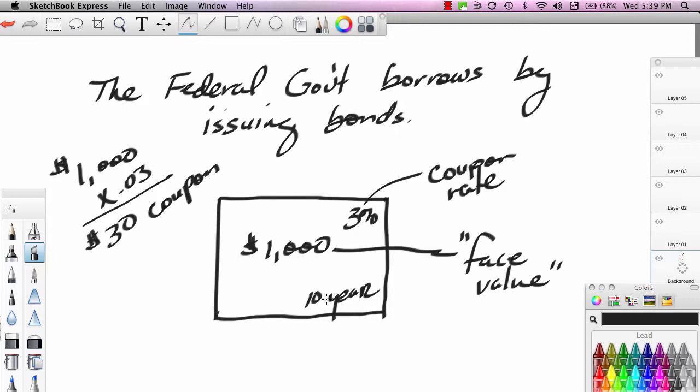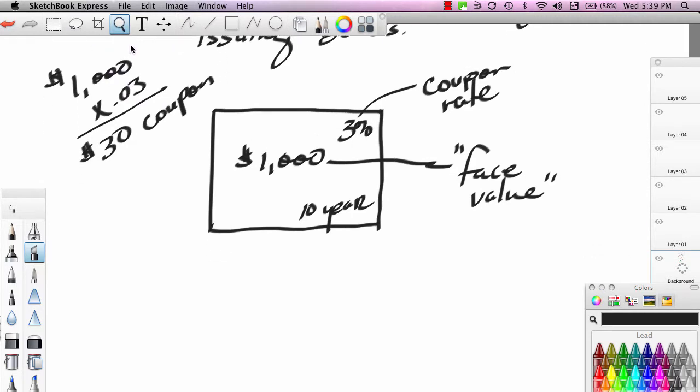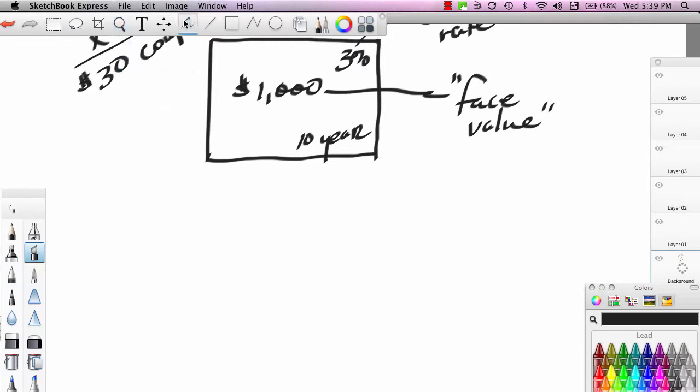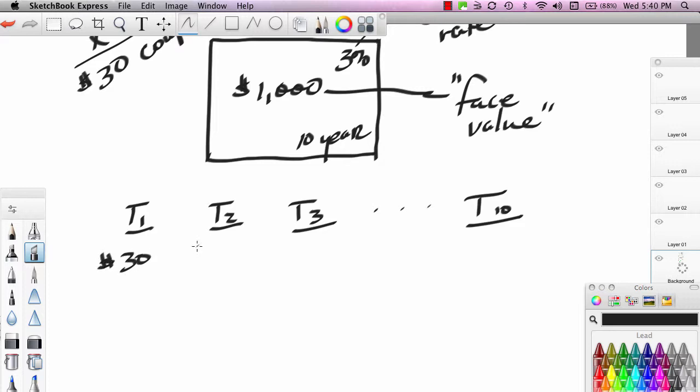Okay, so what would happen here is the government would issue this bond, and let me scroll down here and show you something. The government would issue this bond, and every year for 10 years, T1, T2, T3, through T10, the bondholder of record would get $30 on the face value of 1,000.